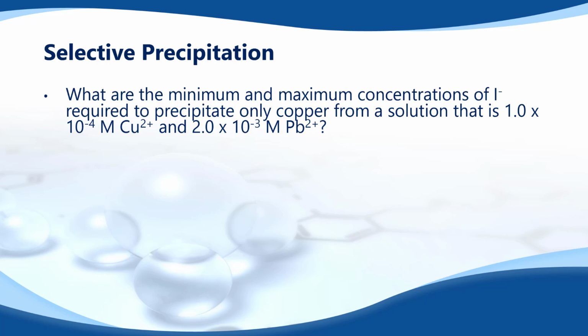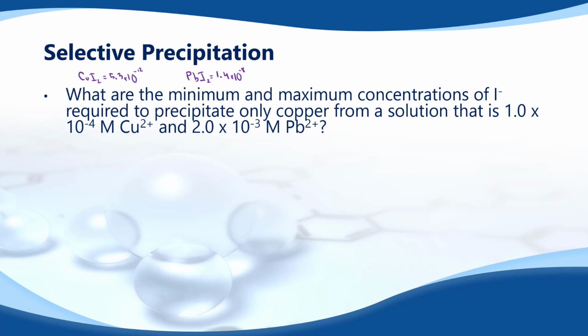I'll show you this right here because I'll give you the KSP values. I wanted to put these up top. For copper iodide, KSP is 5.3 times 10 to the minus 12th. For lead iodide, KSP is 1.4 times 10 to the minus 8th.